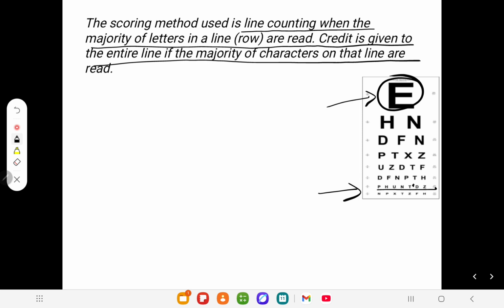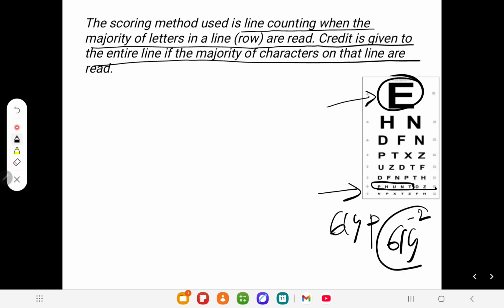If you read five letters, sometimes you record something like 6/9 partial, or sometimes 6/9 minus 2, but that's not standard. You cannot count on each letter. And sometimes you just give it 6/9.